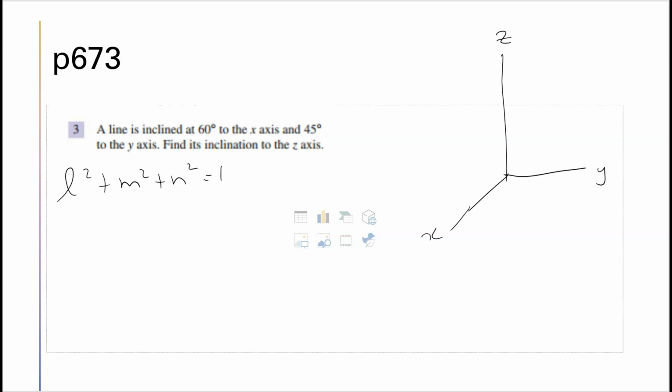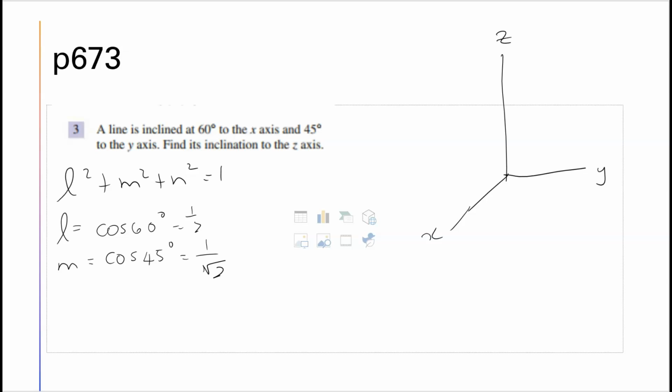And we're told enough information so that we can work out L and M. L is going to be cos 60, which is a half, and M is going to be cos 45, which is 1 over root 2.